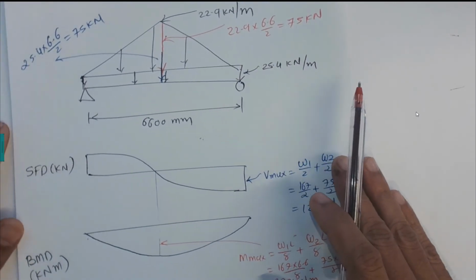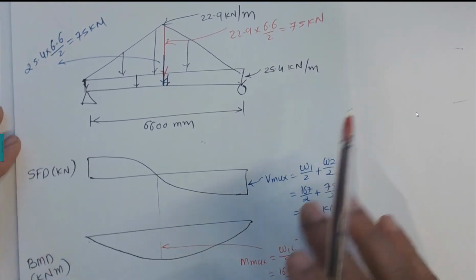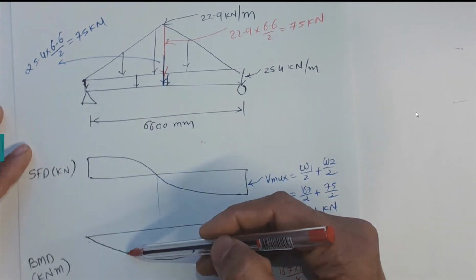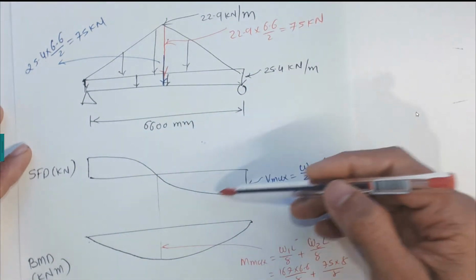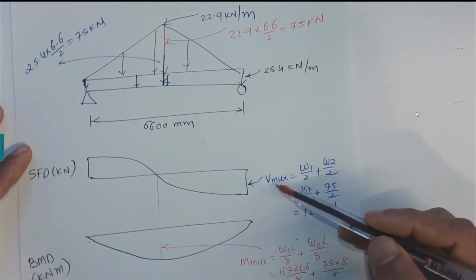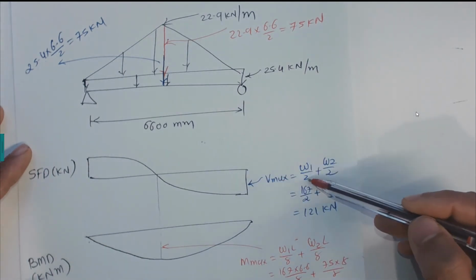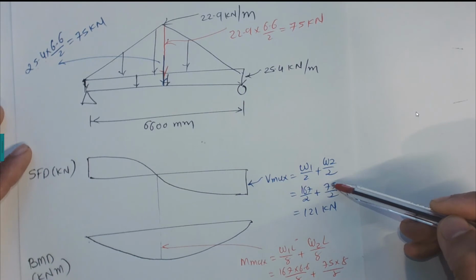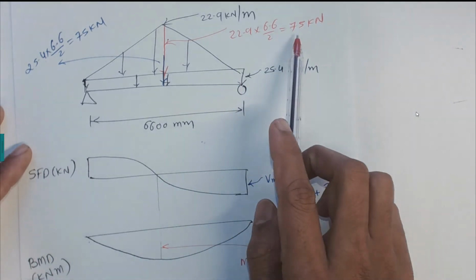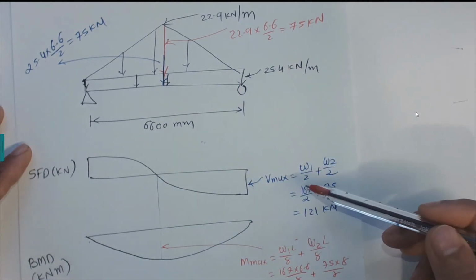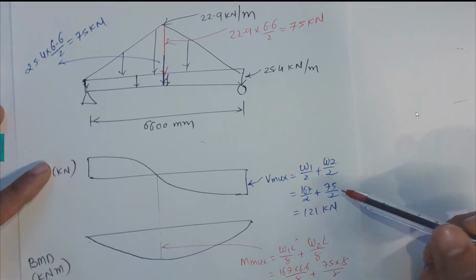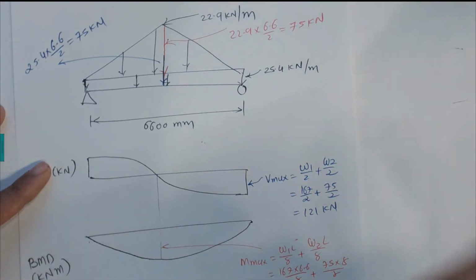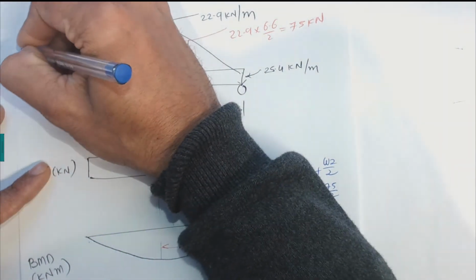Now in mechanics of solids, we have the shear force diagram and bending moment diagram for the given loading conditions. We can draw the shear force diagram. We are interested in the maximum shear force, which is W1 divided by 2 plus W2 divided by 2, basically 167 divided by 2 plus 75 divided by 2.